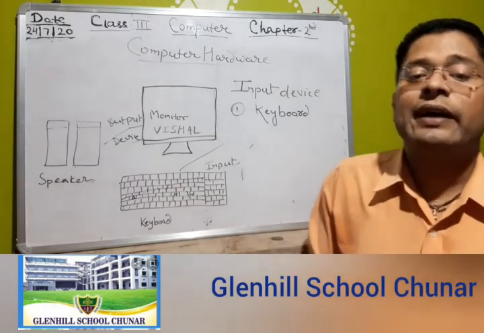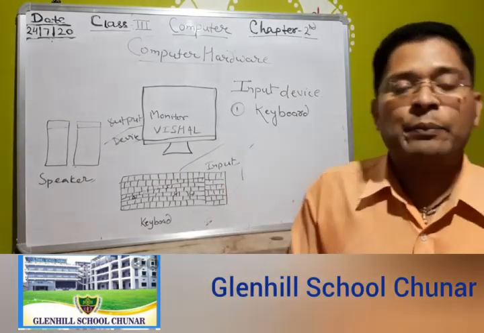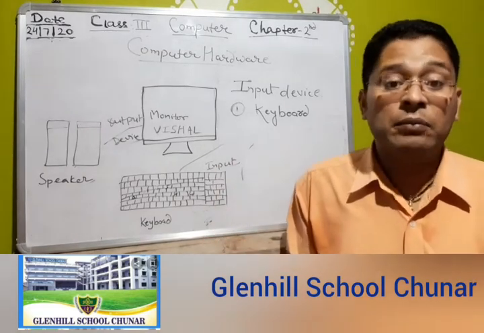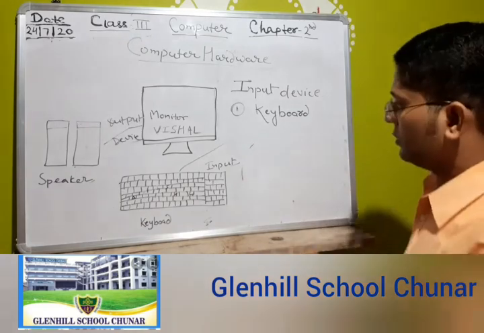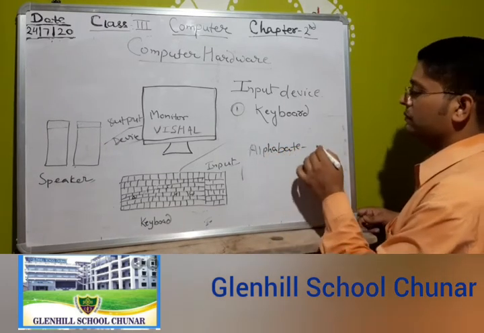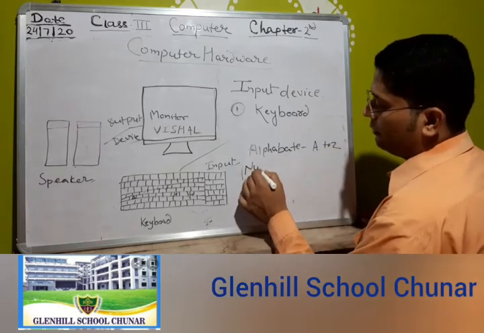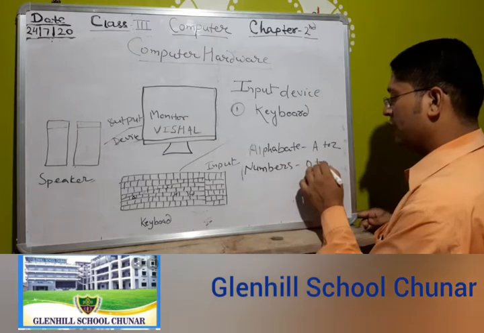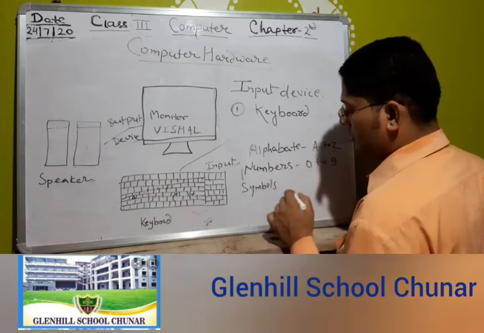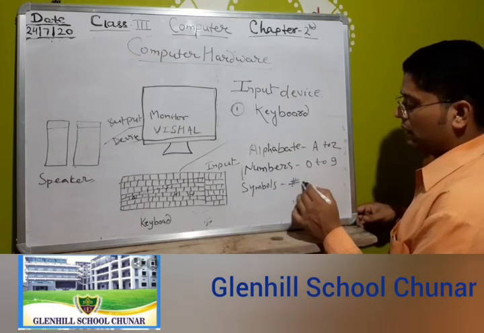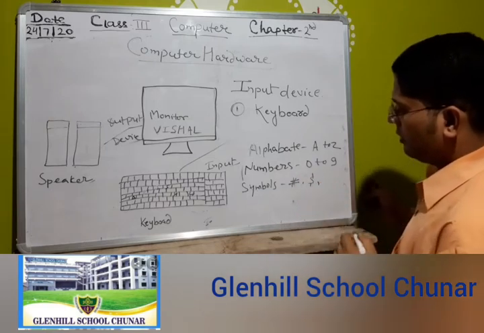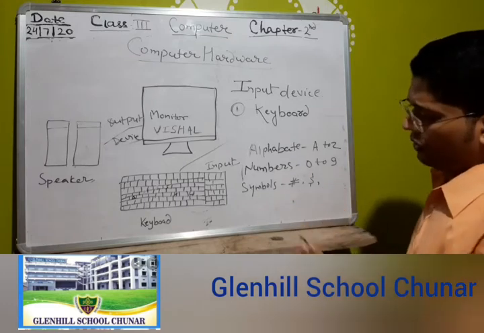It contains different types of keys, so you can type anything by pressing these keys. You can type alphabets, numbers, symbols and so on. Alphabets means A to Z, numbers 0 to 9, and symbols such as the asterisk and dollar symbol.